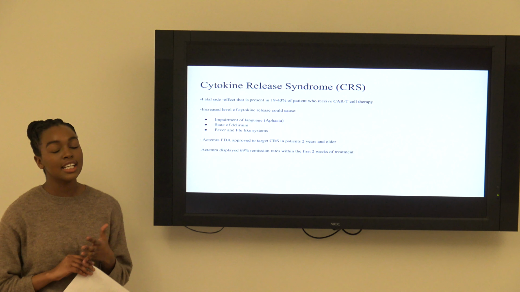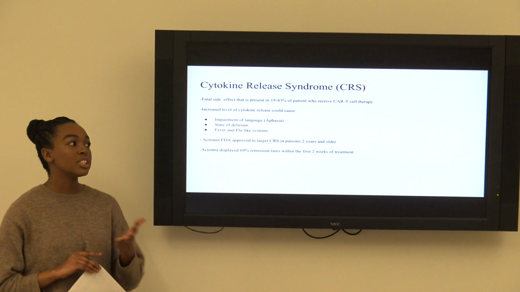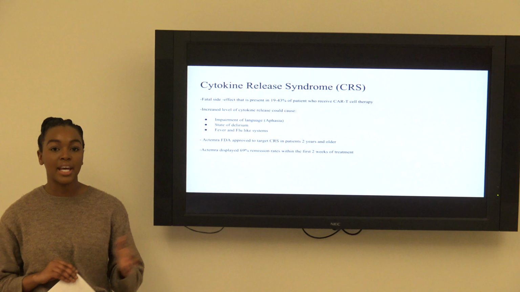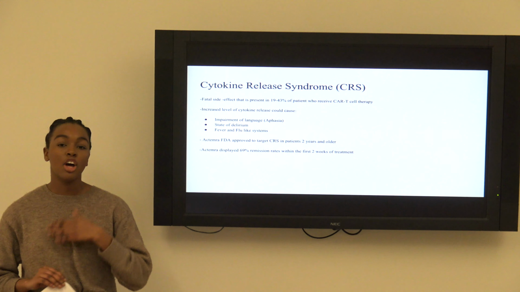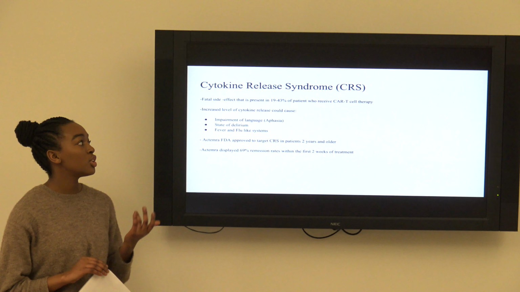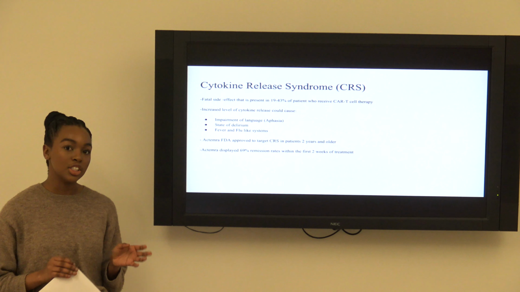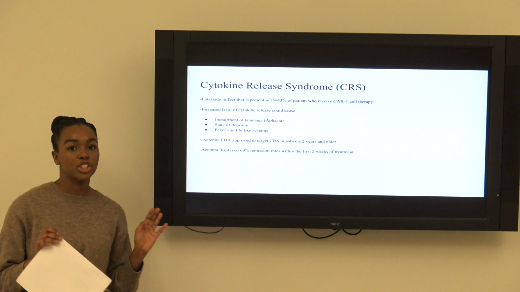So once cytokine is released, it will cause systemic inflammation, which will cause more T cells to come and help the modified T cells kill the cancer cell. The problem arises when too much of this cytokine is released, also called the cytokine storm.